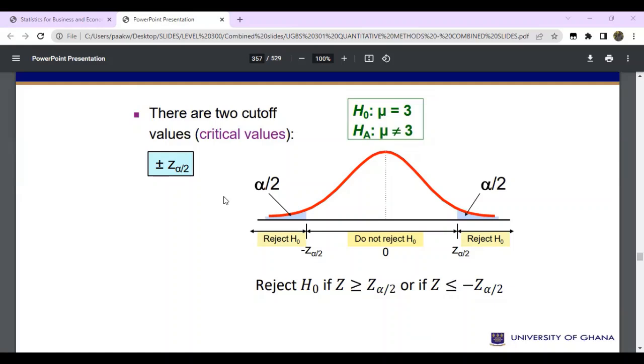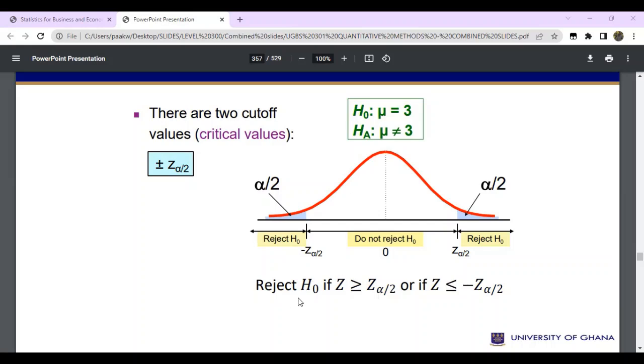One may ask what the decision rule is. The Z critical here will differ from that of the lower and upper tail, because for the lower and upper tail we didn't divide alpha by 2, but with the two-tailed test we divide alpha by 2.